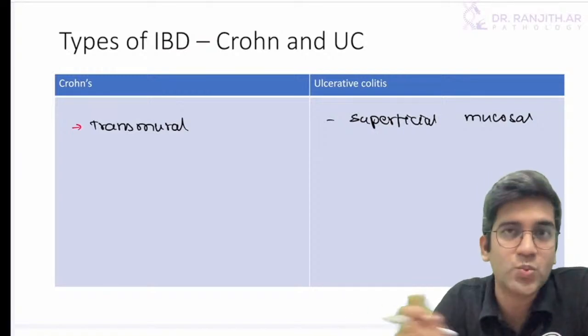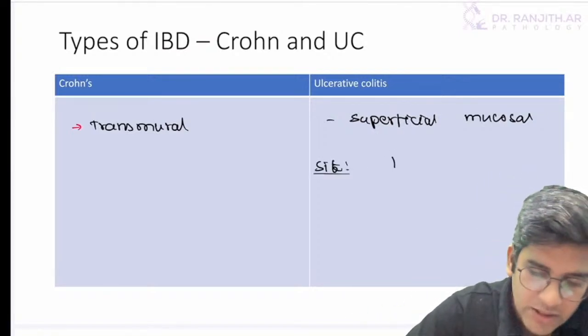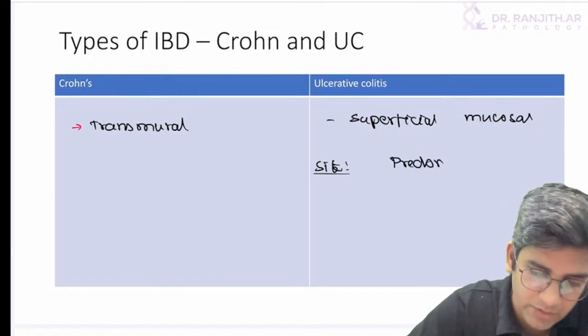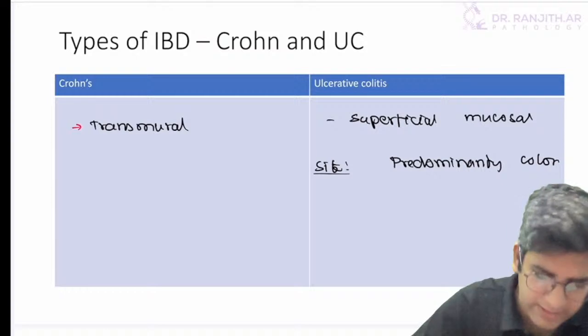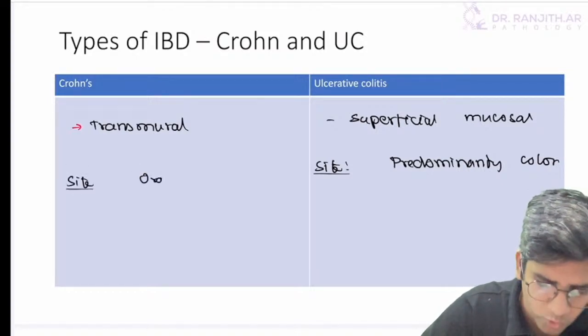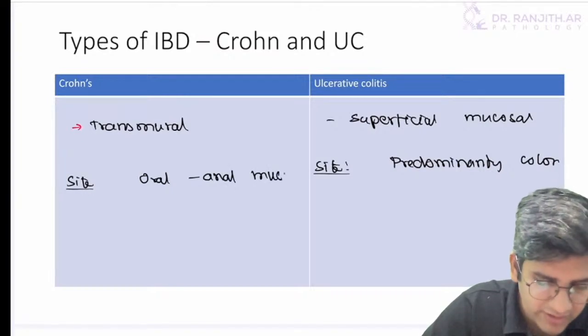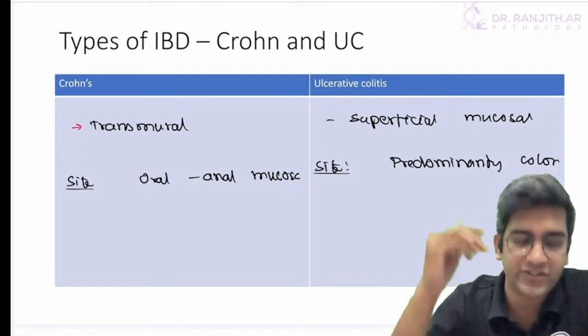One is colitis, one is Crohn's disease. So here the site of involvement is predominantly colon. But here the site of involvement is anywhere in the GIT, from oral cavity to anal mucosa. It can involve anywhere in the GIT because that's how the disease is. One is very widespread, one is very, very restricted.